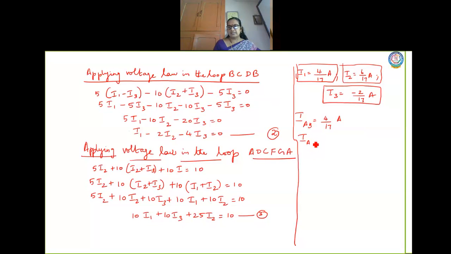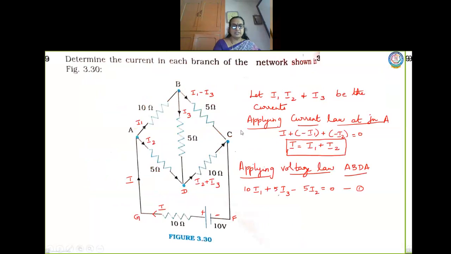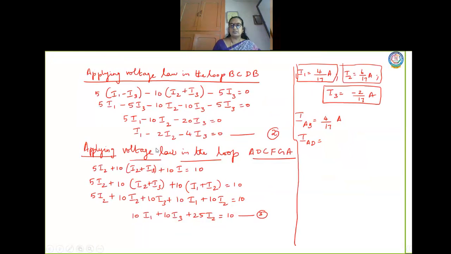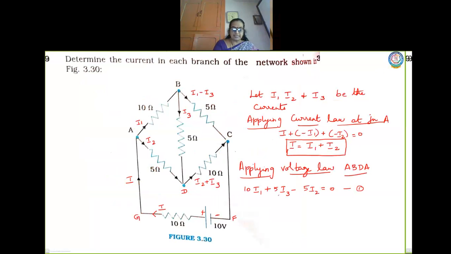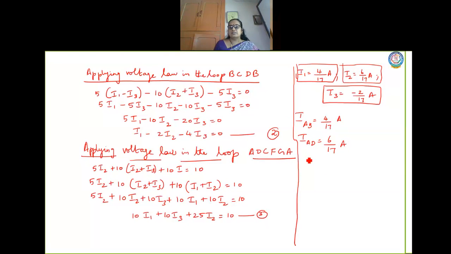I in AD is I2, which is 6 by 17 A. Next, current in the lead BD. Where is BD? Here. The current in this lead is I3. So the current in the lead BD is I3, which is minus 2 by 17 ampere.